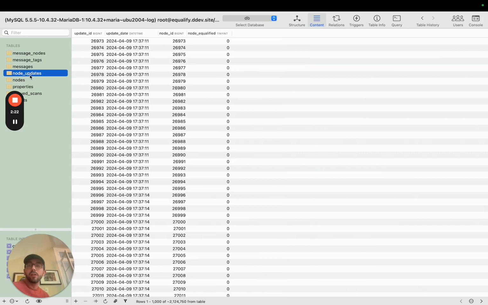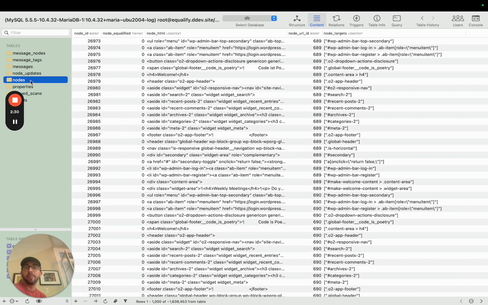We then scan all the pages for accessibility issues, and we're looking at particular nodes on the pages. What I have on screen right now is our database of all the nodes. Nodes are basically HTML snippets that you would find that populate the DOM. We have 1,638,453 nodes, and these nodes are where we can find accessibility issues.